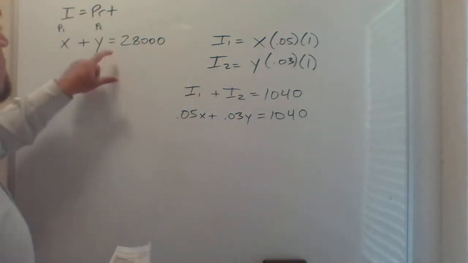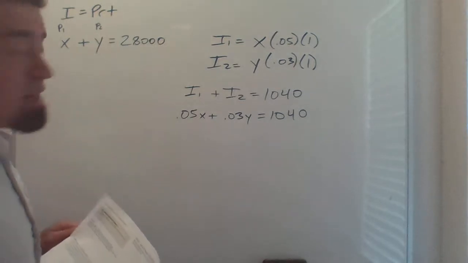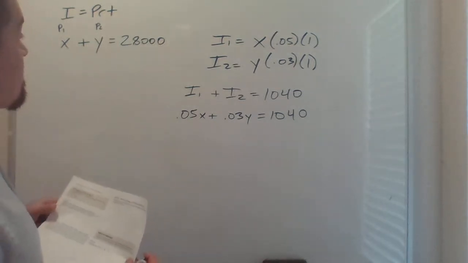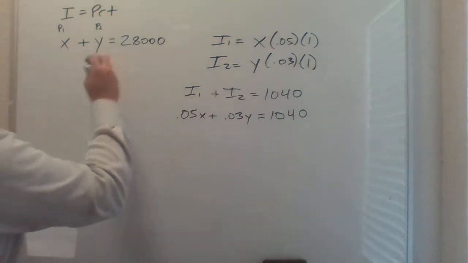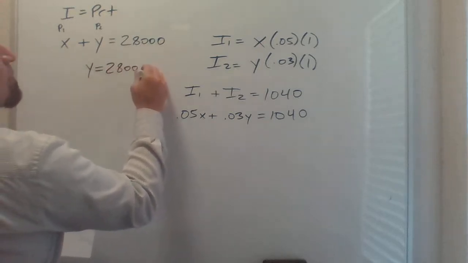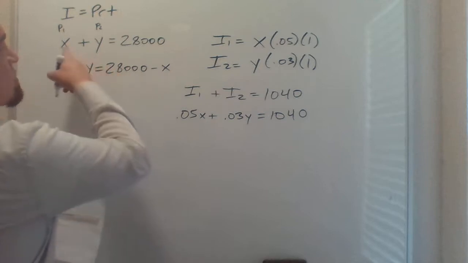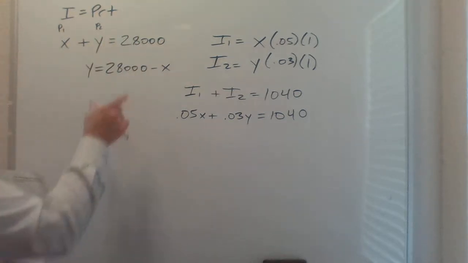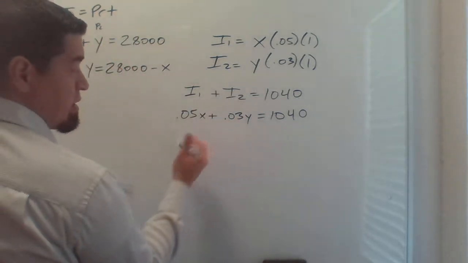Now we have two equations with x and y. The idea here is to solve for one of them. So I'm going to subtract x from here and solve for y. You can also solve for x if you wanted to. Then I'm going to put that in here.